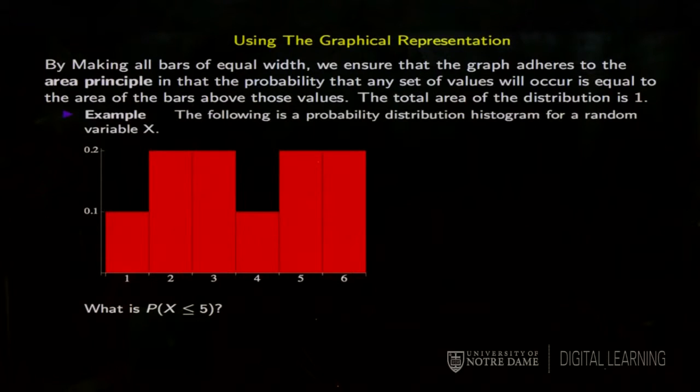And we can calculate the probability of any particular set of outcomes by summing the area of the graph above those outcomes. So here, for example, we have the probability distribution for a discrete random variable x, whose possible values are 1, 2, 3, 4, 5, and 6. And the area of each of those bars is equal to the probability that that value will occur.